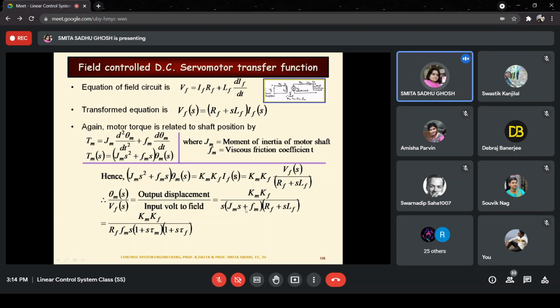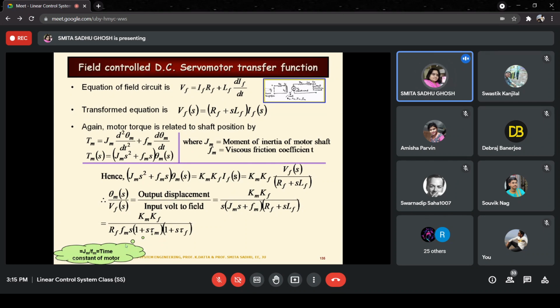In the next step, further simplification has been done such that this is expressed in the time constant form. In order to do that, Fm and Rf have been taken out common, and it is expressed as 1 plus s tau m, where tau m is given by Jm by Fm, which is also known as the time constant of the motor.